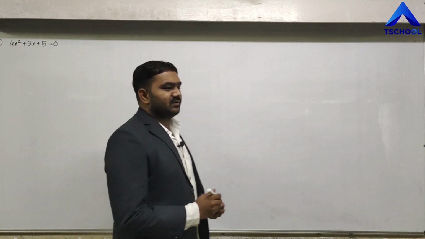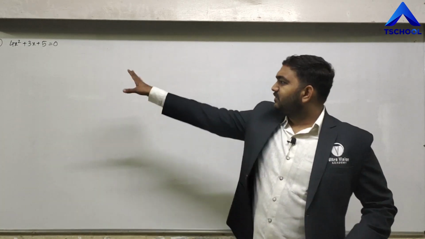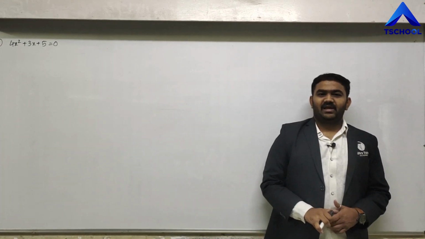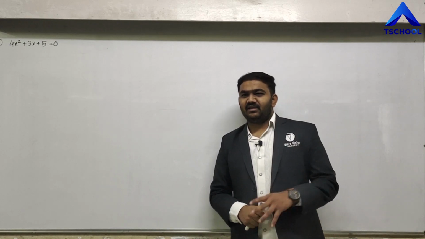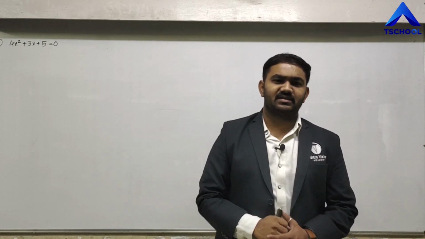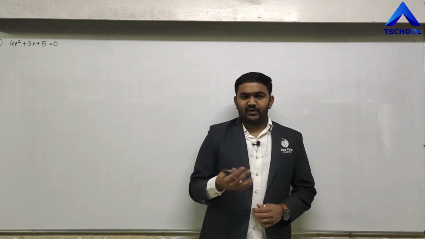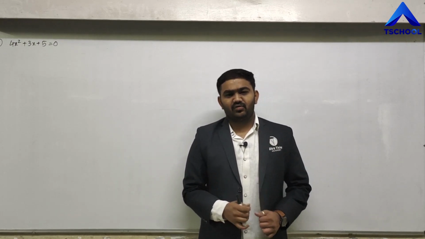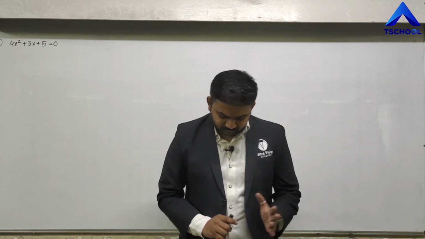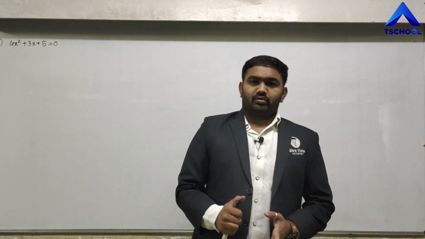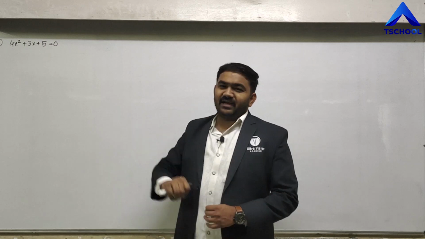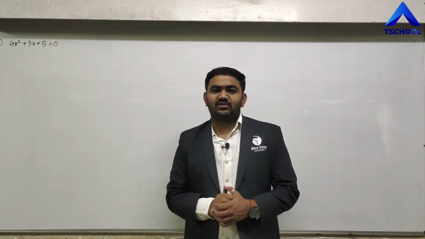Get me the factors of this. See, this 5 into 4 is 20, and 20 can be factorized in 4 different manners: 20 into 1 is 20, 2 into 10 is 20, 4 into 5 is 20, and 10 into 2 is also 20, right? In those factors you cannot get the middle term as 3.